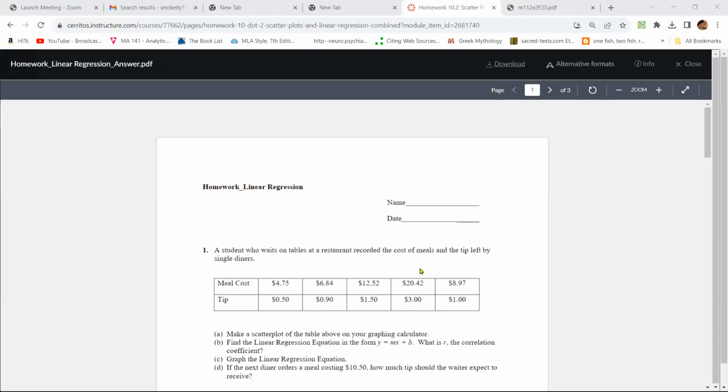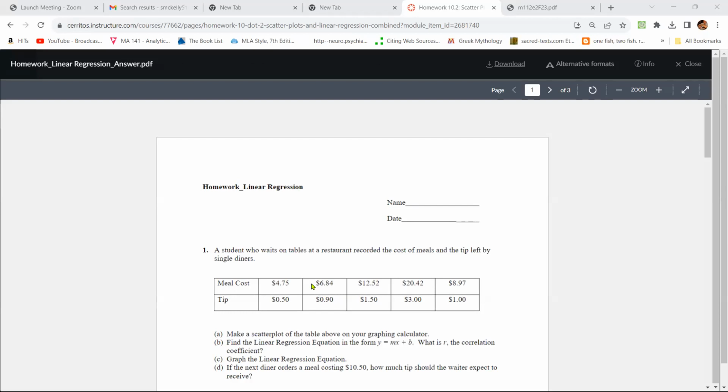So somebody's asking for an additional problem from 10.2. If you haven't seen the video yet, you can look at the examples there. But here is the homework. This is our meal costs. It says a student who waits on tables at a restaurant recorded the cost of meals and the tip left by single diners.